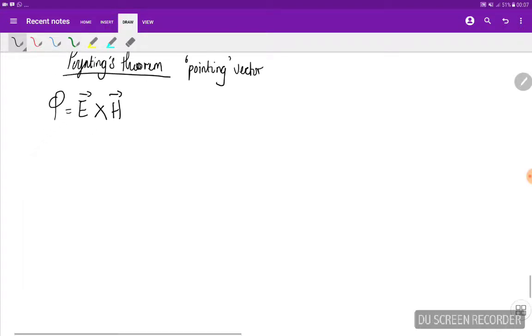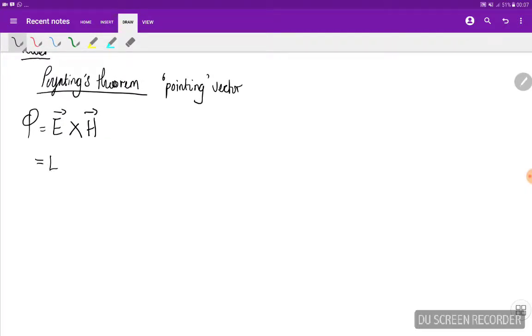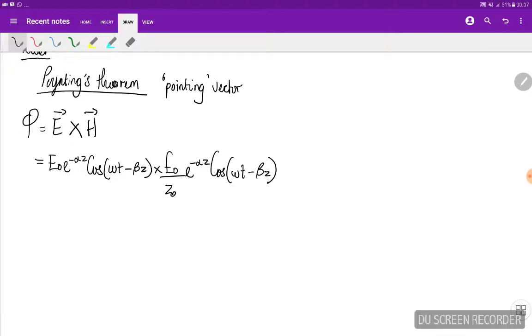Okay, so finding the Poynting vector, now our E was E naught e raised to the power minus alpha z cos(wt minus beta z) times H, which is E naught over z naught, e raised to the power minus alpha z cos(wt minus beta z).